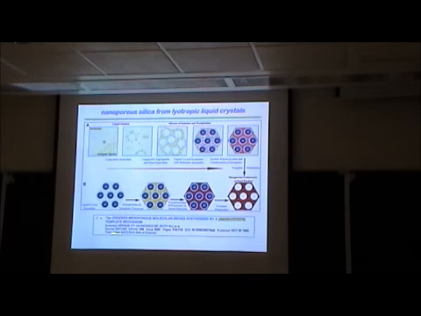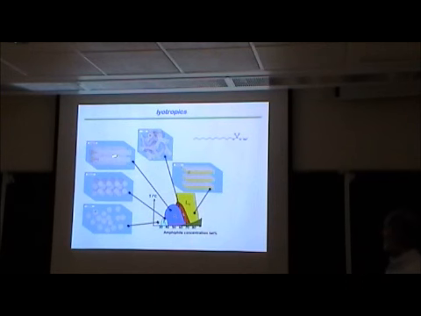So this is the number one cited liquid crystal paper. It has 9,000 citations, and it's about making mesoporous silica using lyotropic liquid crystal. You start out with one of these lyotropic phases, with surfactant and water, and then you put in TMOS, a methylated silane which is water soluble, in the water.